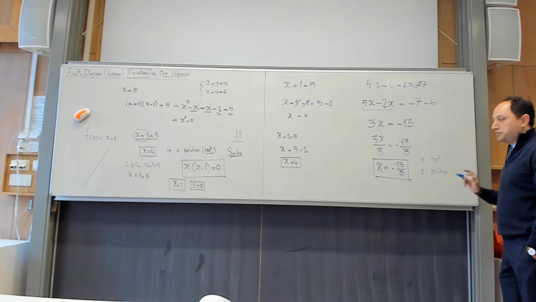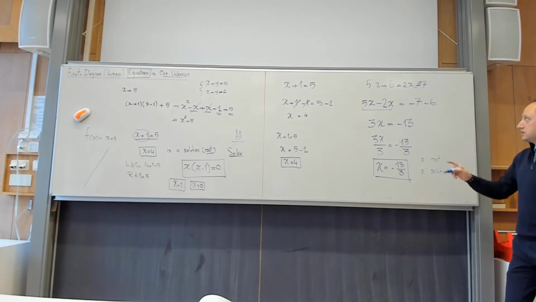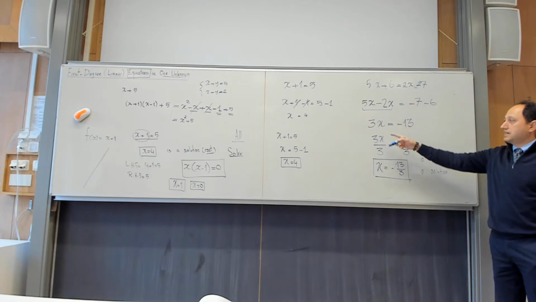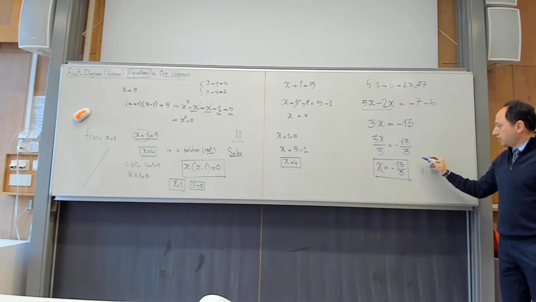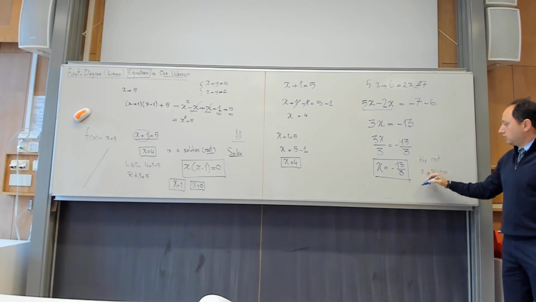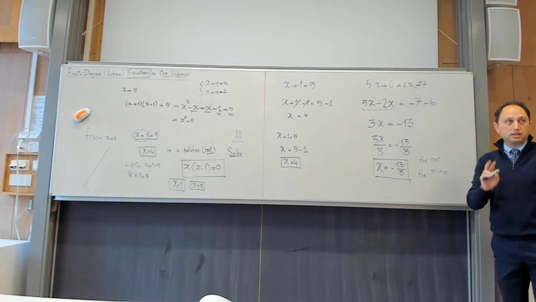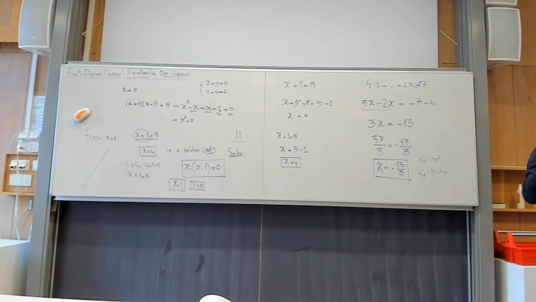But we can do better, because first degree equations cannot have more than one solution. So it's better to write the root or the solution in this case. But if there are more than one solutions, you have to mention a solution or a root. Yes? Okay, so that is the answer.